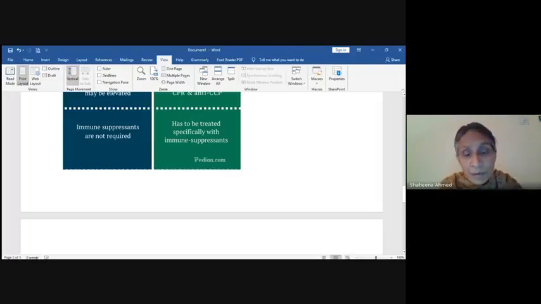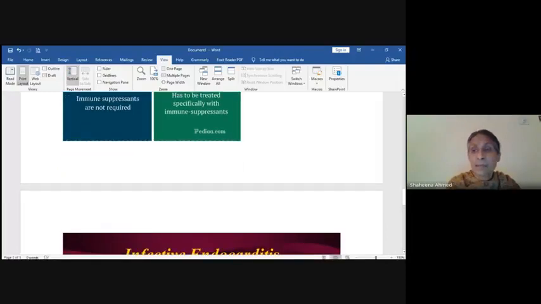Whereas immune response suppressants do not work on osteoarthritis because osteoarthritis is a degenerative disease. There is no autoimmune element in this disease. So these are the major differences.